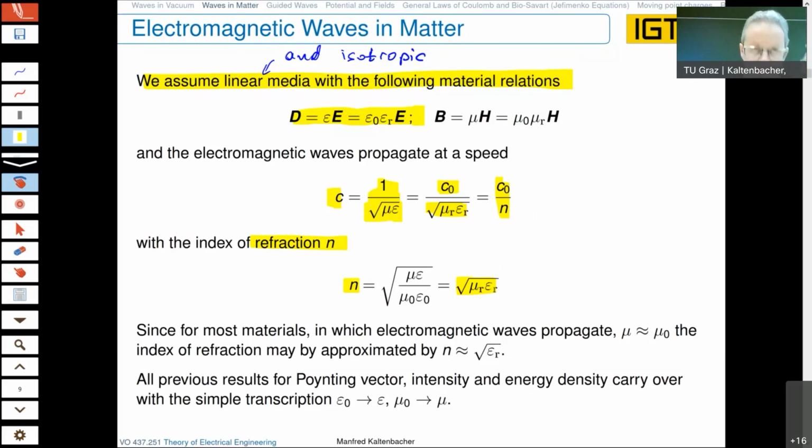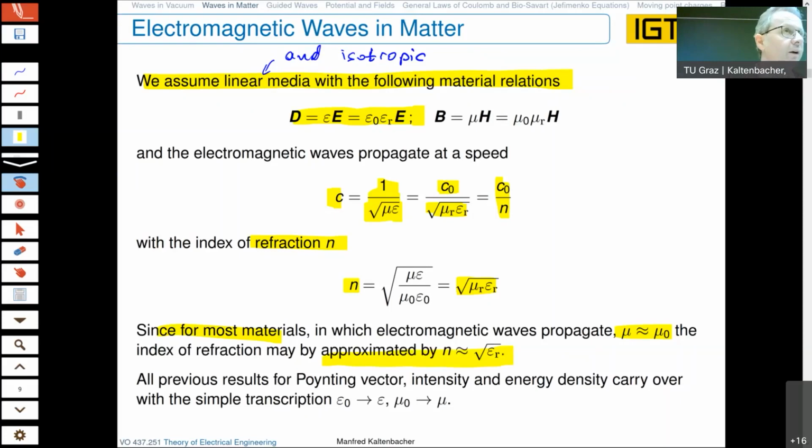So for most materials where we have propagation in a medium different from air or vacuum, the relative permeability is approximately 1. So the permeability is just expressed by mu 0, which means we can approximate the index of refraction by the square root of epsilon r.